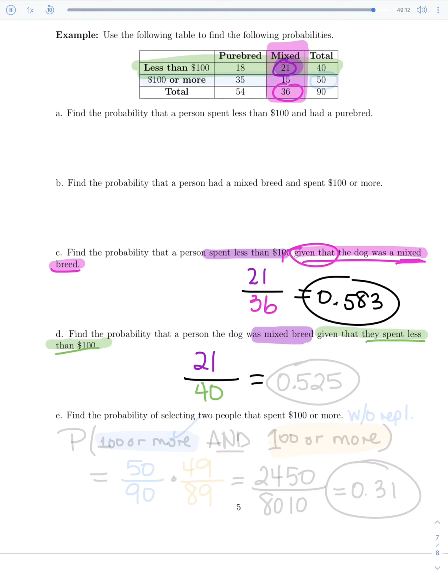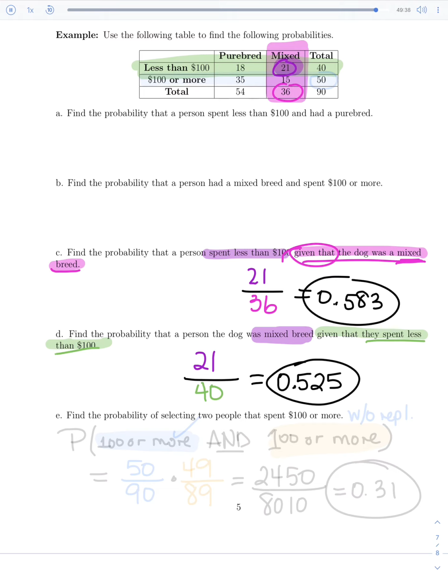So just like before, this was a conditional probability where I'm limiting who I'm looking at. I'm only looking at people who spent less than $100. So I've got the 21 of those that were mixed breeds out of the total who spent less than $100, which is the 40, which gives me a probability of 0.525.